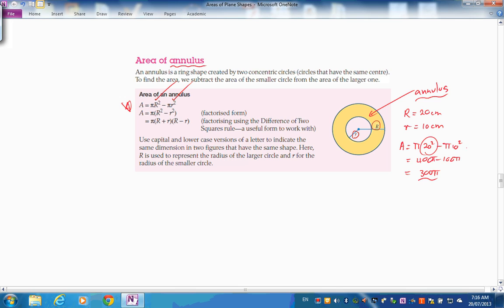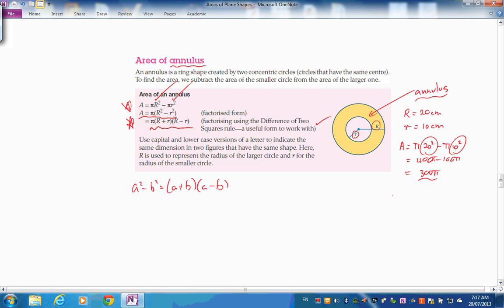Now, if you're squaring numbers, and they might be decimals, that might be a little bit inconvenient. Look at what we've done over here with some maths. Taken pi as a common factor and used the difference of two squares. Here it is here. R squared take r squared. A squared take B squared, remember that? A squared take B squared is A plus B by A take B. Now this is useful here.